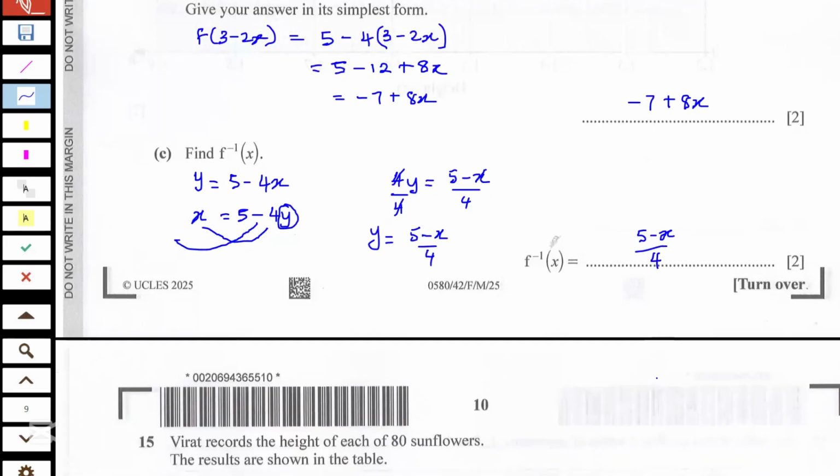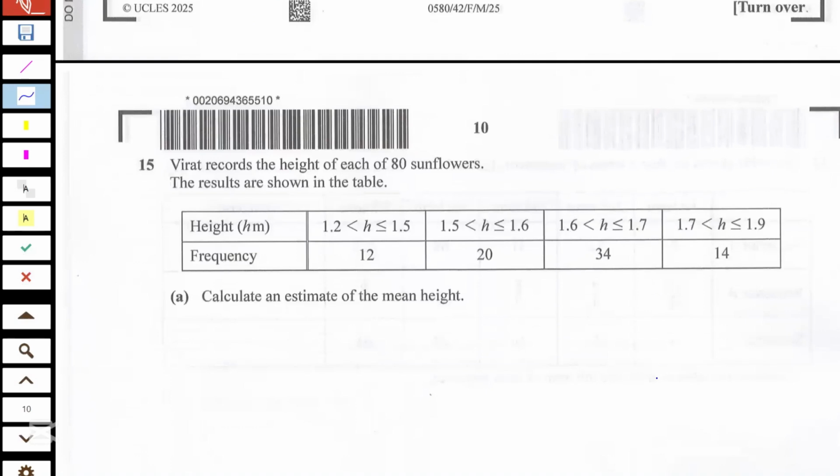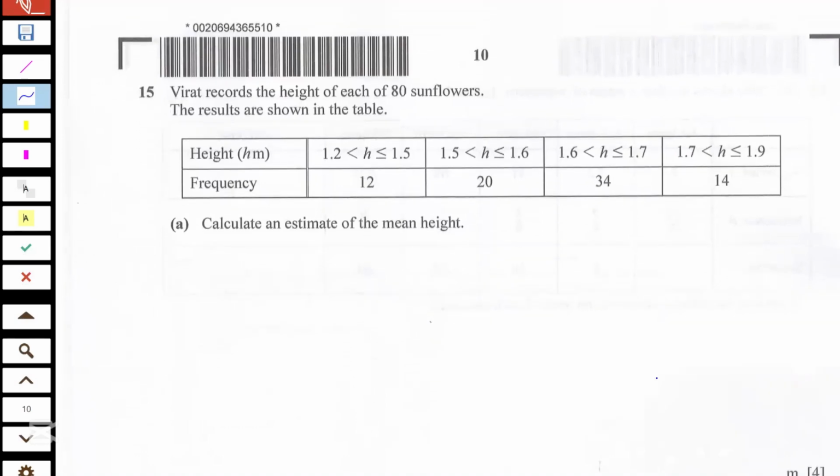Now we'll move on to the next question, question number 15. Virat records the height of each of 80 sunflowers. The results are shown in the table.